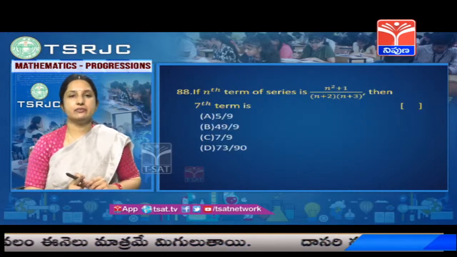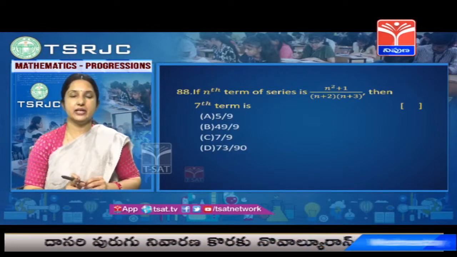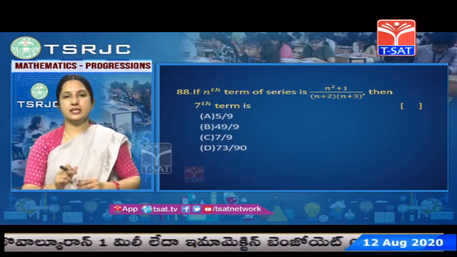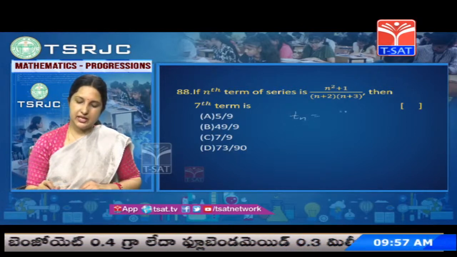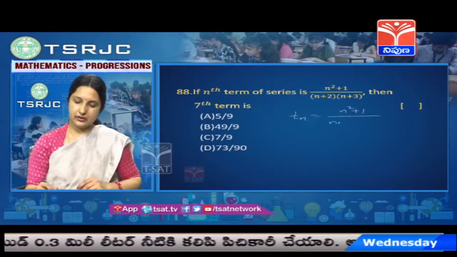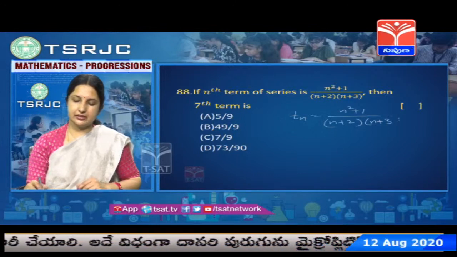Question number 88. If the nth term of the series is n square plus 1 by n plus 2 into n plus 3, then the seventh term. So Tn is given. In the place of n, you substitute 7. You will get the seventh term.